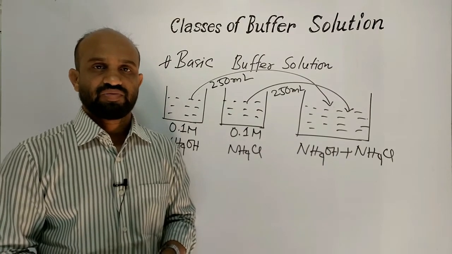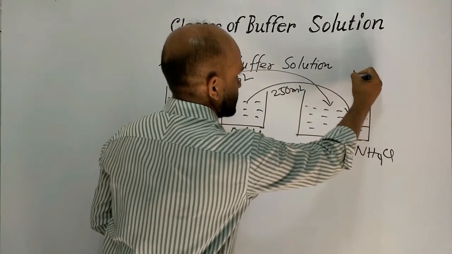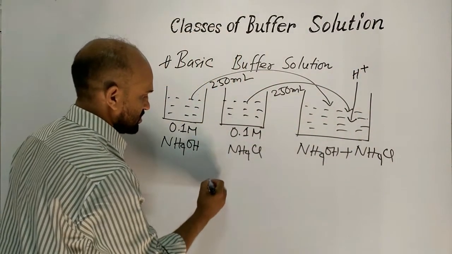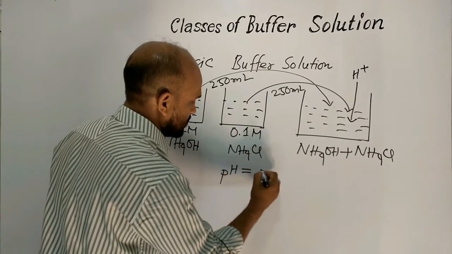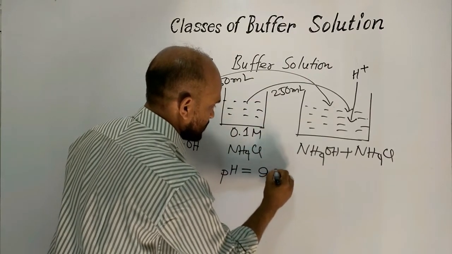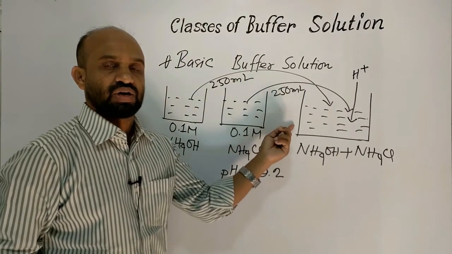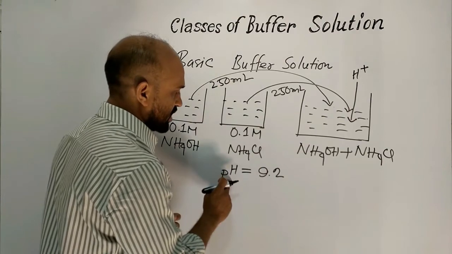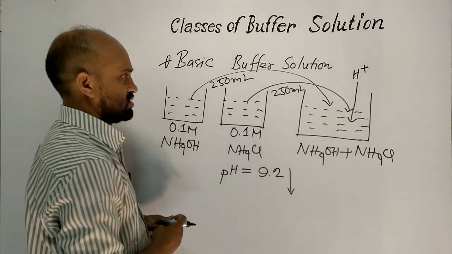Like acidic buffer solution, when in this solution a small amount of strong acid is added, then the pH value of this solution, suppose, is 9.2. After the addition of a small amount of strong acid, its pH value is supposed to decrease.